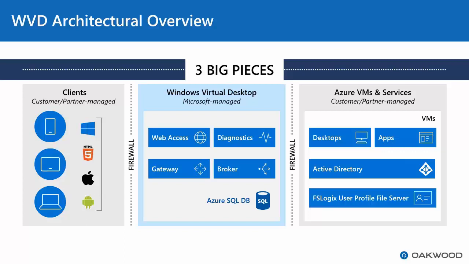Now on the Azure side, this can be customer or partner managed. These are your desktops, the applications that are on your desktops, your Active Directory, your user profiles. Those can be customer managed, wherein you go in and manage every aspect of that yourself, or hand it off and have it partner managed, where all of that labor is taken on by your partners, such as Oakwood.